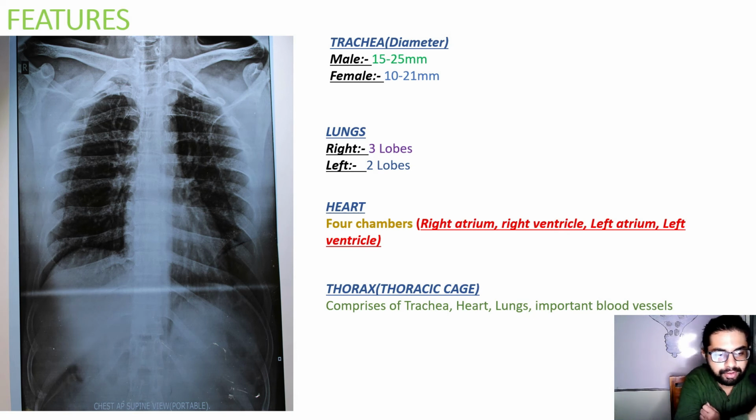So the overview features: trachea diameter. The male tracheal diameter is 15 to 25 millimeter. In female, tracheal diameter is 10 to 21 millimeter. Right lung, there are 3 lobes. Left lung, 2 lobes. Heart has 4 chambers: right atrium, right ventricle, left atrium, left ventricle. This is right atrium.